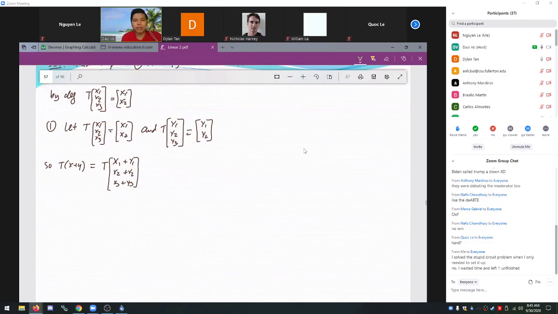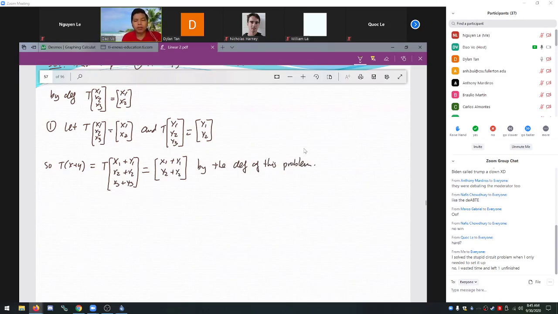Okay, by the definition of that transformation, this one here will give us x1 plus y1 and then x2 plus y2, by the definition of this problem.